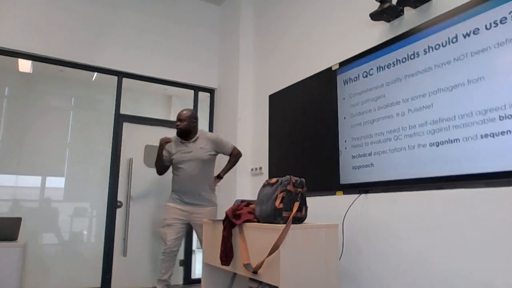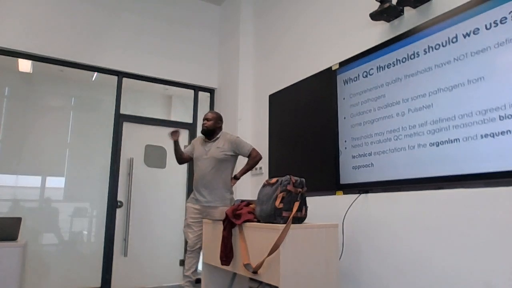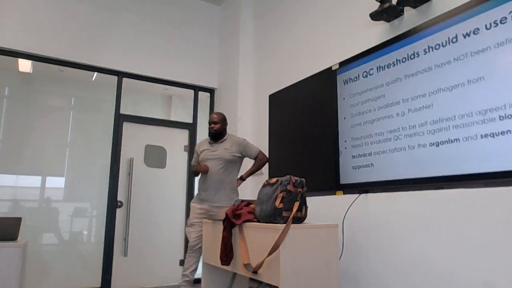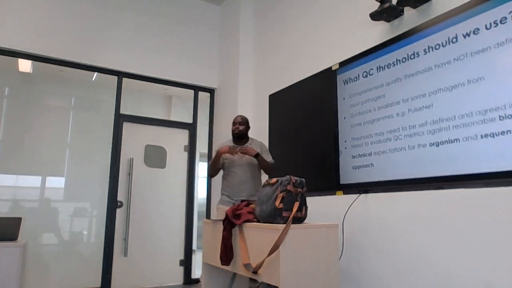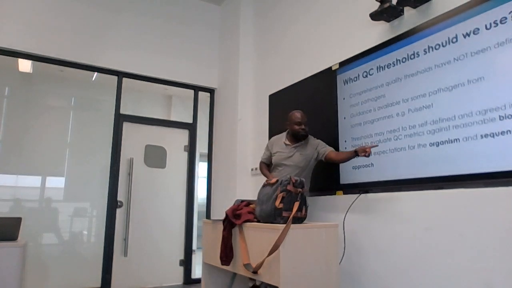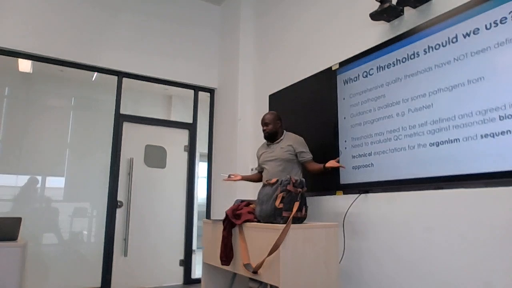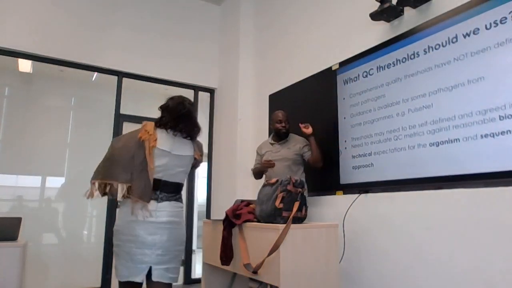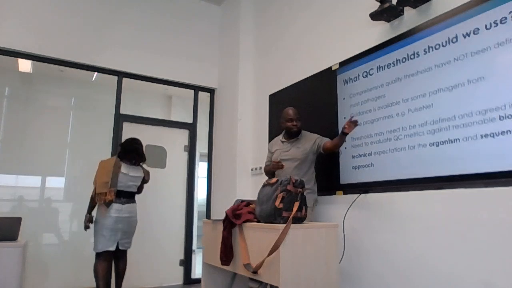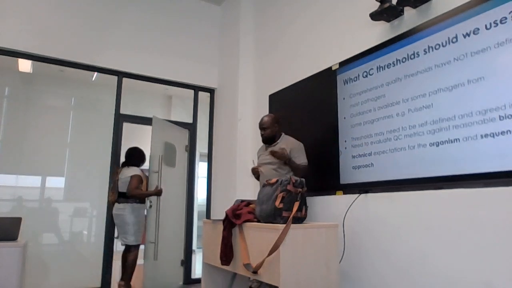So do you think if I decided to say my minimum quality is 30, do you think that will work? Because it is not reasonable for the sequencing technology, right? So as you think about these quality thresholds, you need to think about the organism, the sequencing technology, and also just the biology, okay?